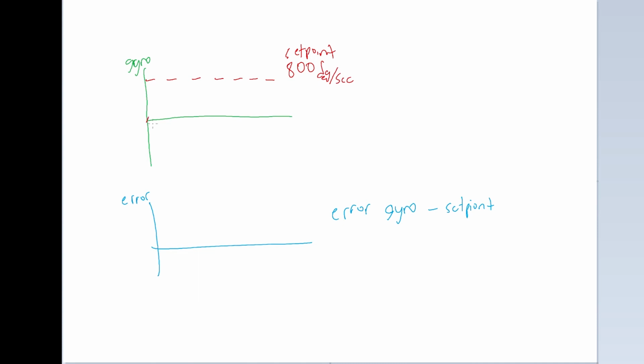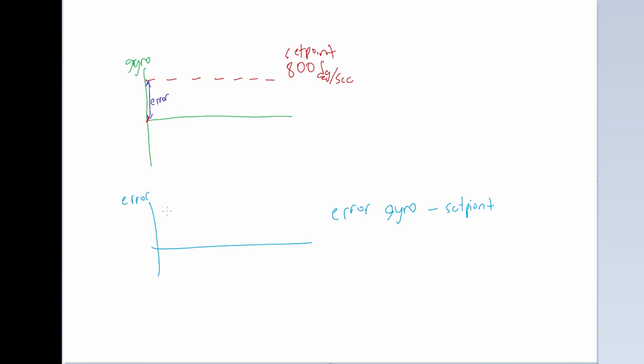Right, so it starts from 0 here. Okay. So now remember that loop, it loops back into the gyro. The gyro measures what it's actually reading, and this is not 800 because it's just starting out, right? So what the error will actually be then is this portion.